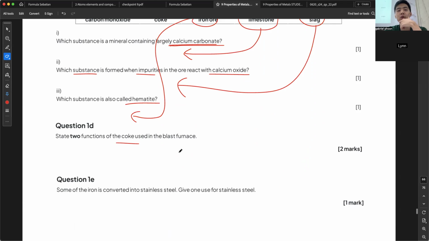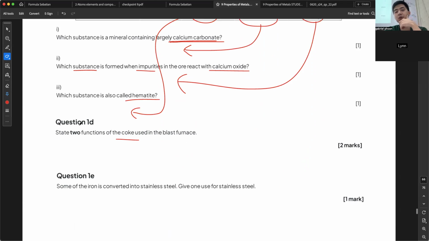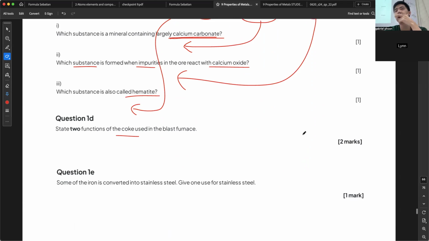Okay, moving on. State two functions of coke used in the blast furnace. Guys, this question is quite commonly asked in your exam. There are two functions for coke. Number one, to increase the temperature of the blast furnace, so it's easier to extract and easier to reduce the iron oxide. And number two, to produce carbon monoxide, which is a stronger reducing agent.